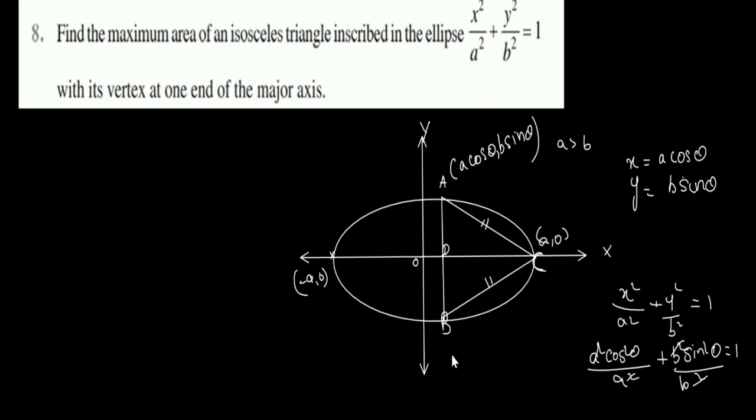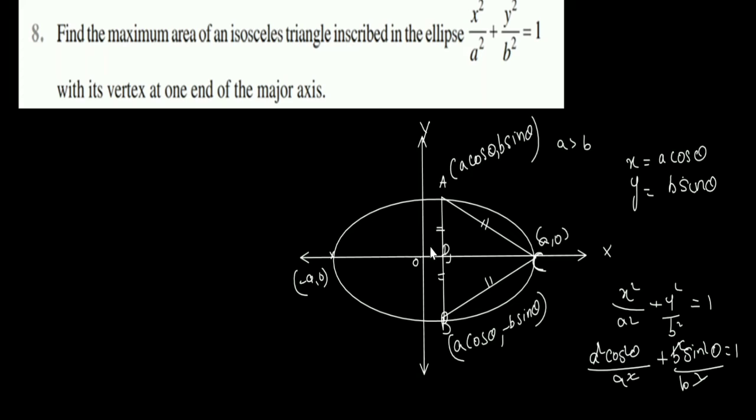Then this point B will be in the fourth quadrant, where x is positive and y is negative. So a cos theta, minus b sin theta. Now because it is an isosceles triangle, when you draw a perpendicular, it will divide the base into two equal halves. This length DA is equal to DB. What is OD?